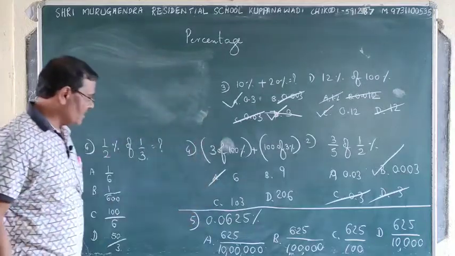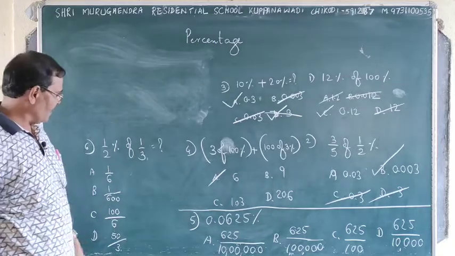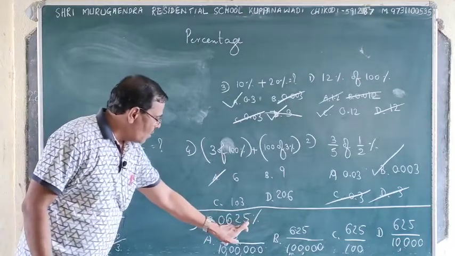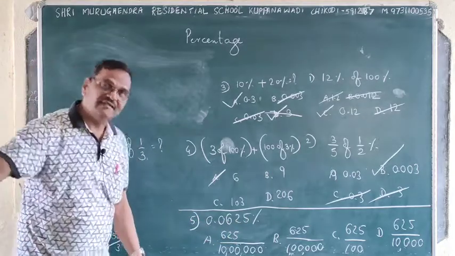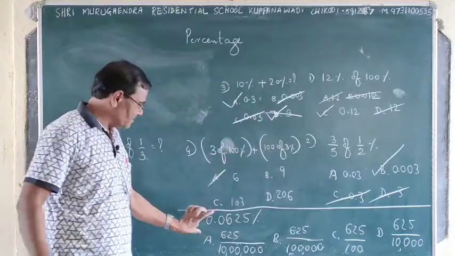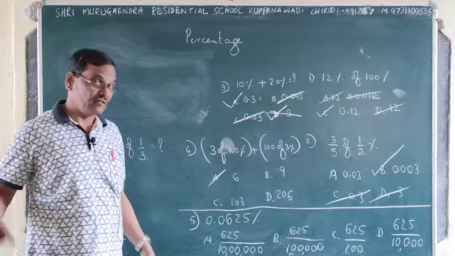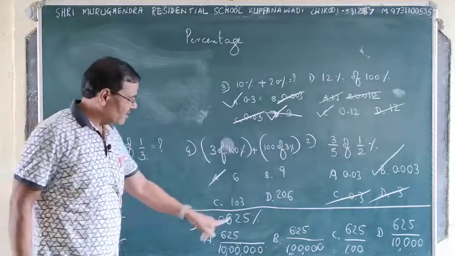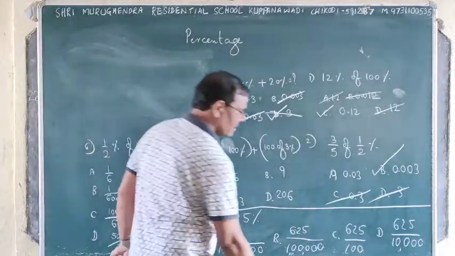Okay. Then fifth one, see, without calculating, how we have to find the answer. Already 1, 2, 3, 4 zeros are there because it is in fraction, whereas this is in decimal and percentage. Then see how to check. 1, 2, 3, 4 zeros should be there.